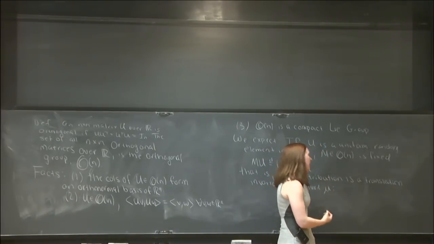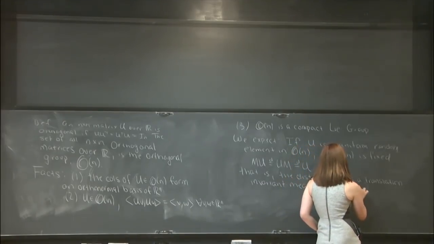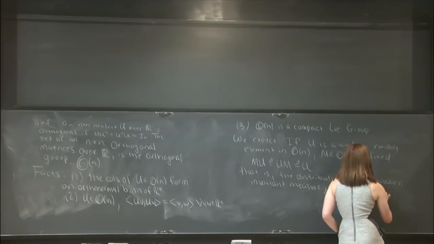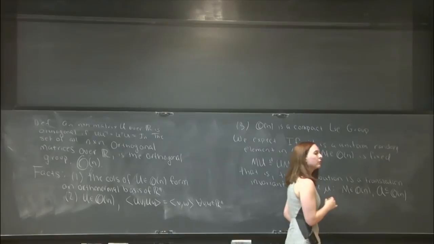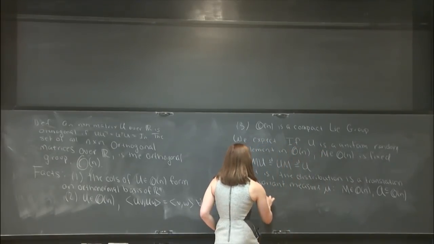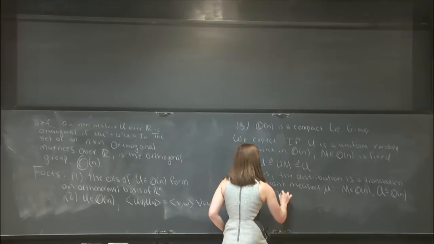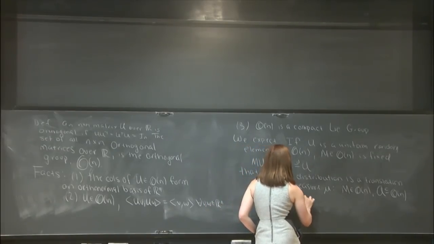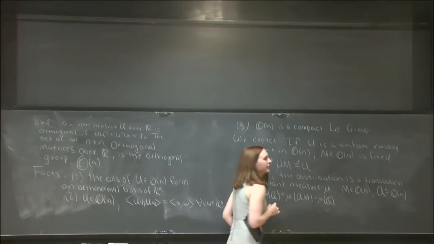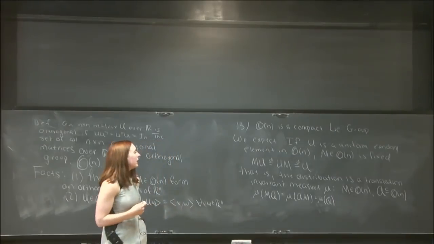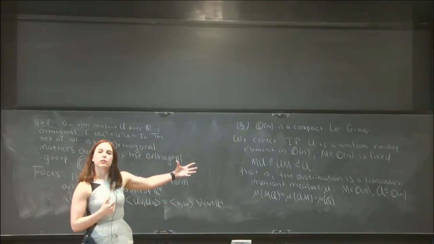So if I have a fixed matrix M in the orthogonal group, then for any subset A of the orthogonal group, mu applied to MA should be mu applied to AM, which should be mu applied to A. And now there's only one possible measure that does this.